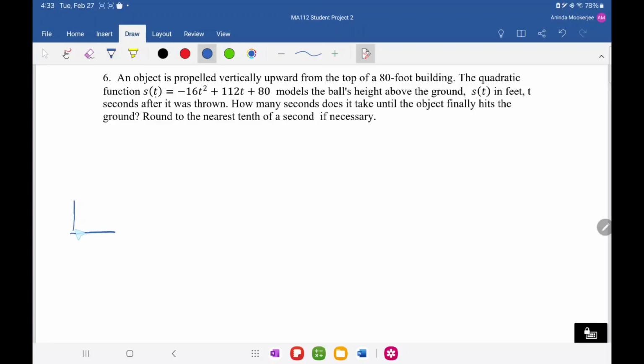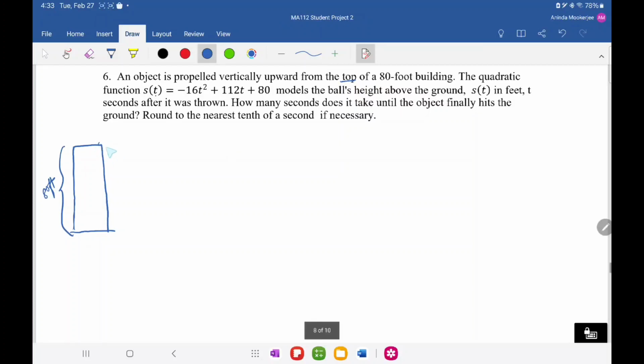We have the ground and there's a building rising above the ground to a height of 80 feet. So the height of the building is 80 feet. And then they say an object is propelled vertically upward from the top of the building. So there's somebody throwing an object up.